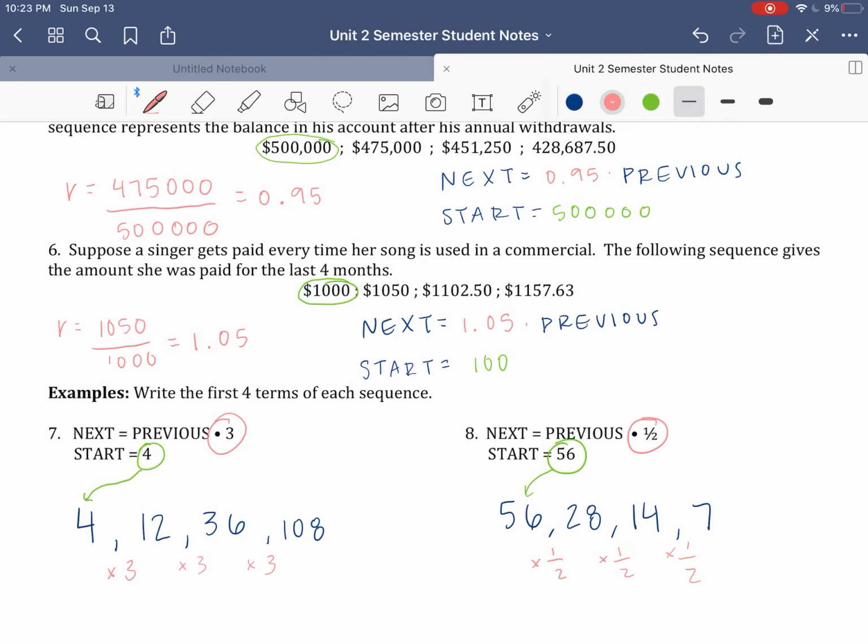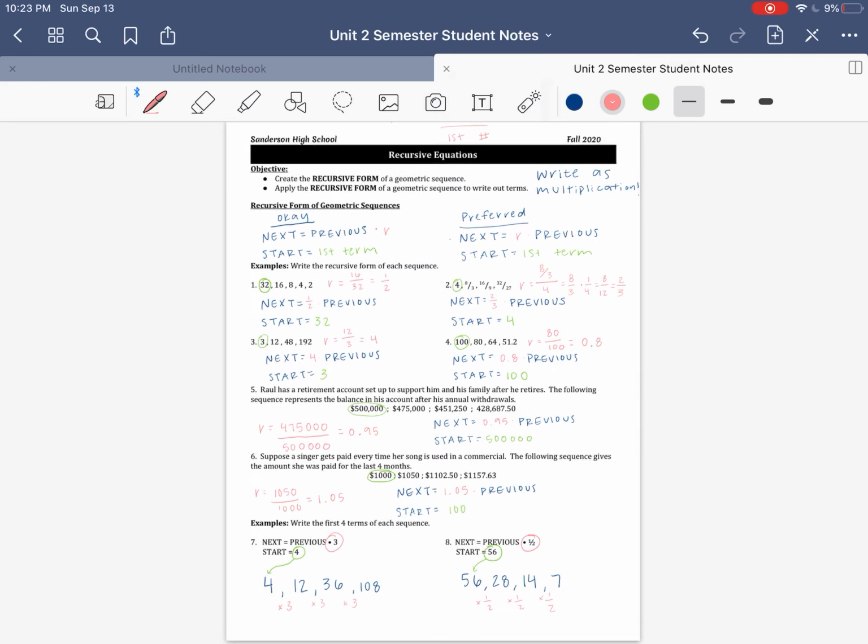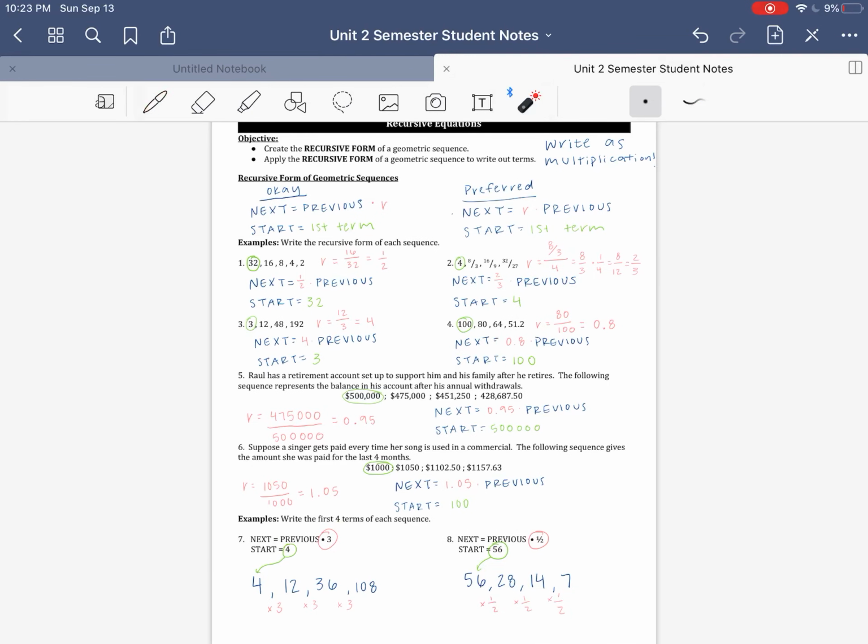One thing worth mentioning, or maybe reminding you from the last video, when we are multiplying by something bigger than 1, our numbers are increasing. So if you check out, like in example 3, we were multiplying by 4. Our ratio was 4, which is bigger than 1, and our numbers were getting bigger. In number 6, when we were multiplying by 1.05, bigger than 1, our numbers got bigger.